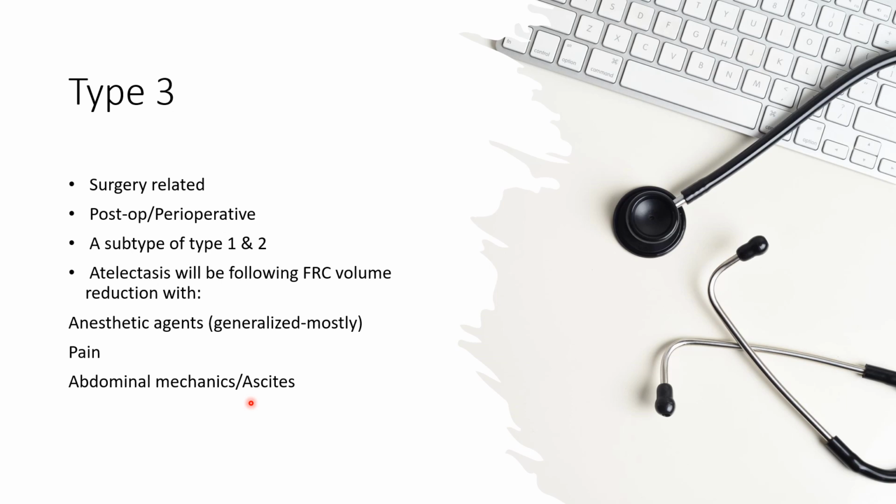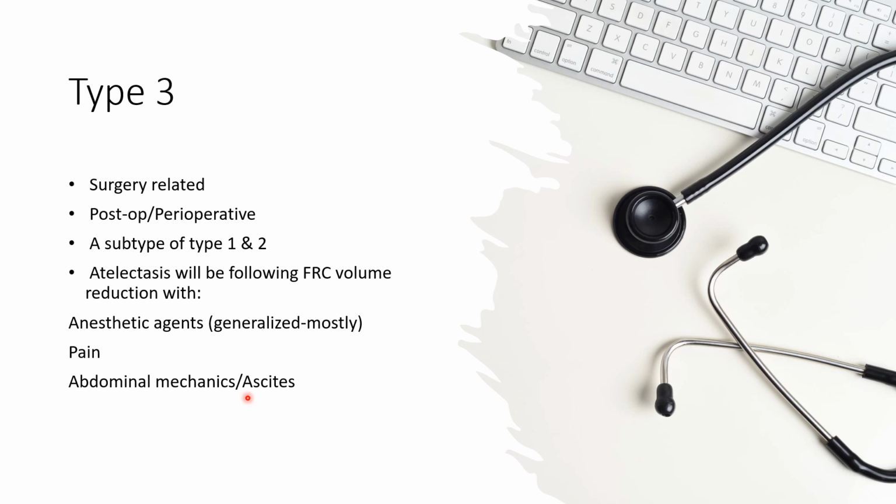In summary, here it is all about perioperative atelectasis that is due commonly as a result of the use of anesthetic agent. And it is because the functional residual capacity will drop. In fact, the positioning of the patient could also lead to a drop in functional residual capacity.